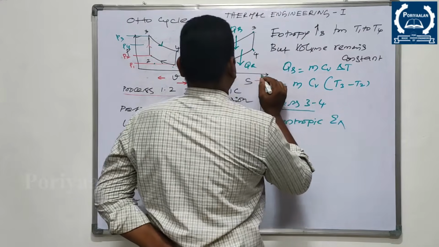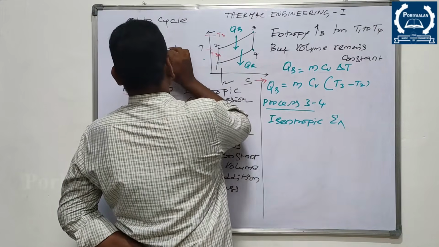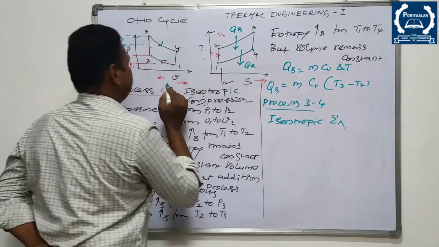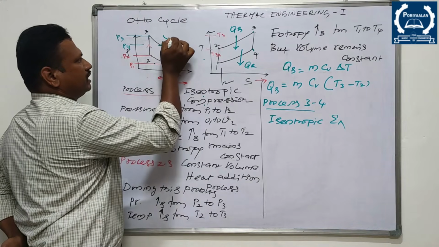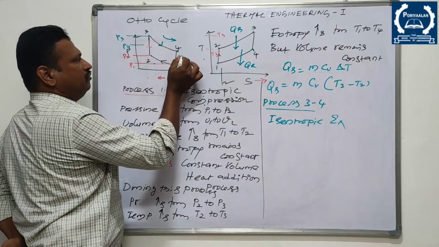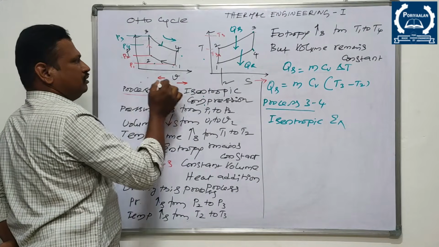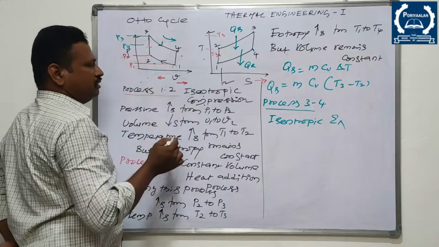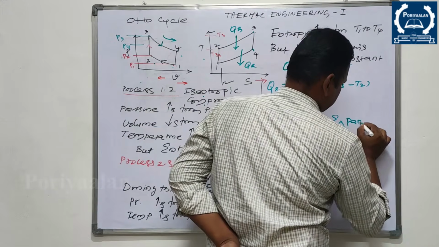Yes, because volume increases. You can find here in 3 to 4 you are going in this direction, volume increases. When you are coming in this direction, volume decreases. So you are going towards the right. So that's why isentropic expansion process.